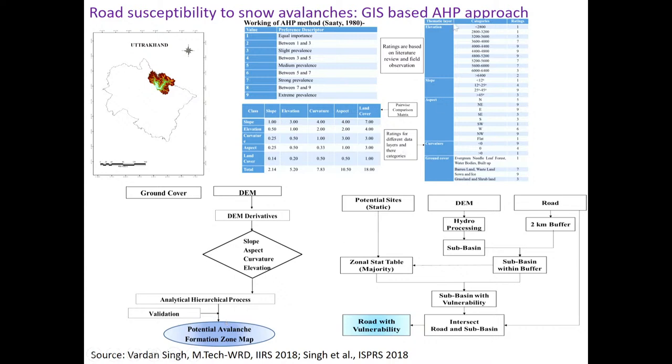So these are the layers: elevation, slope, aspect, curvature, and the land use, land cover. From this we have categorized them in different classes, and then we have given certain rating based on their importance or influence over the snow avalanche.